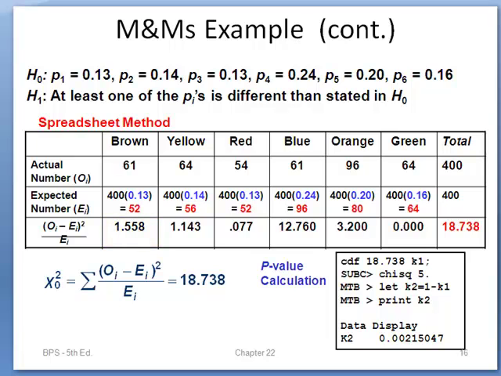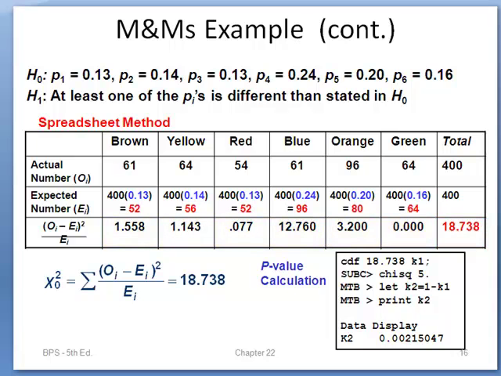When I take 64 minus 56, square that value, divide by 56, that's where I get 1.143. And so forth, to get all the numbers down below. When I total that row, that's my test statistic. The test statistic is 18.738.